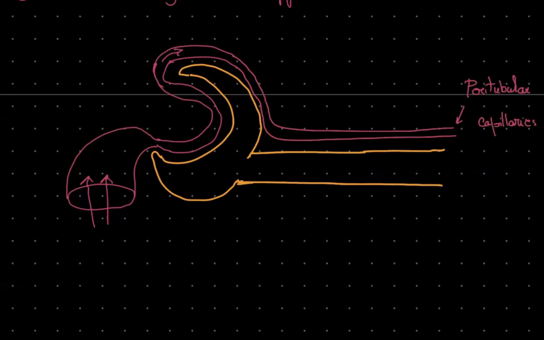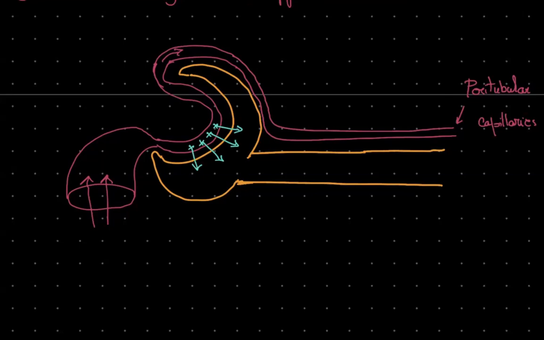If you remember, due to the difference in the diameter between the afferent arteriole and the efferent arteriole, normally I create a high hydrostatic pressure within the glomerulus, which allows me to drain the fluids out from the glomerulus into the Bowman's capsule.